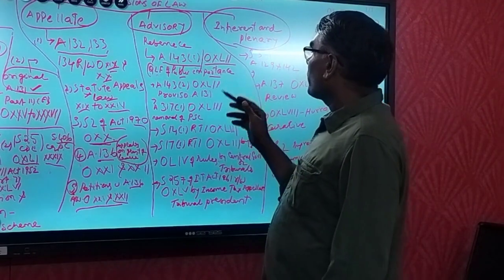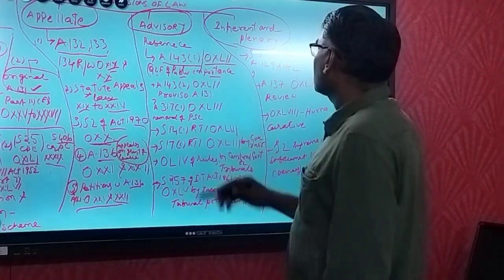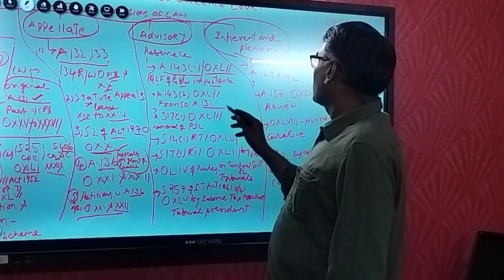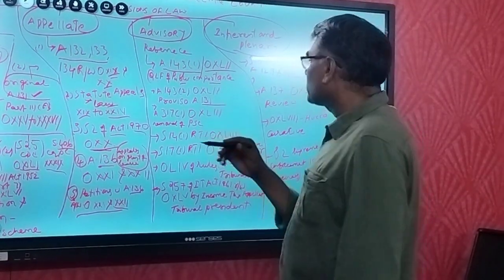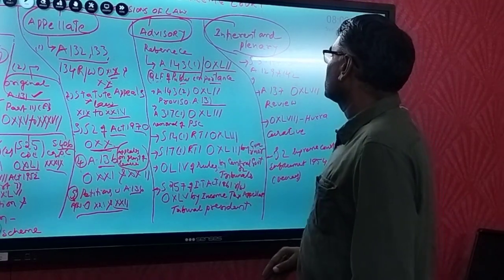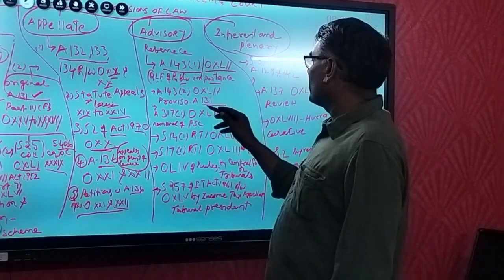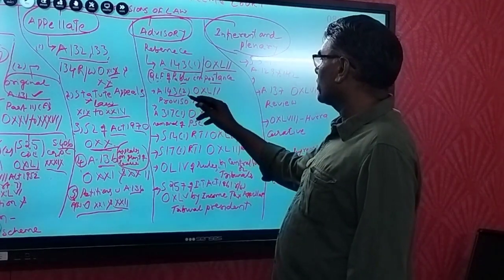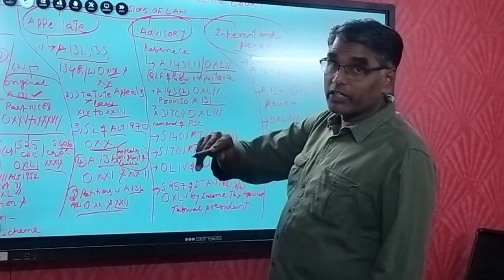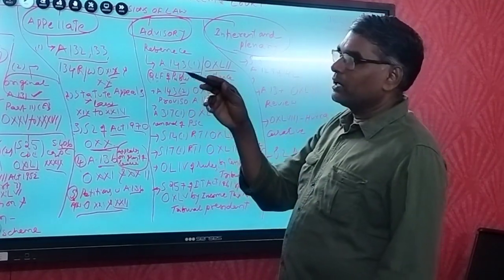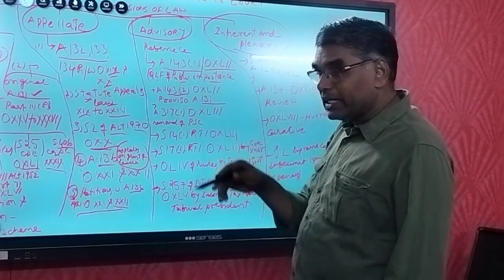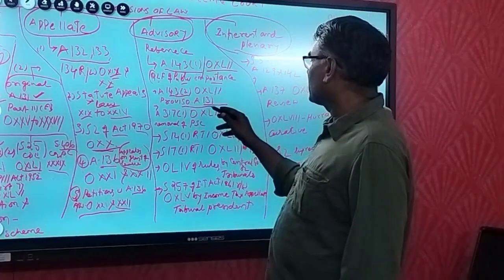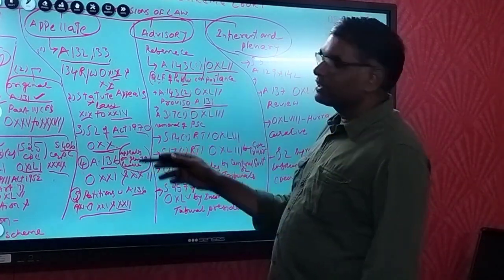Next, 143 Clause 2 has another type of reference. That is Article 131 proviso, which has some questions. So under the Article 131 proviso also, the President can refer under Article 143.2, sending the reference to the Supreme Court dealing with the subject in the proviso to Article 131.